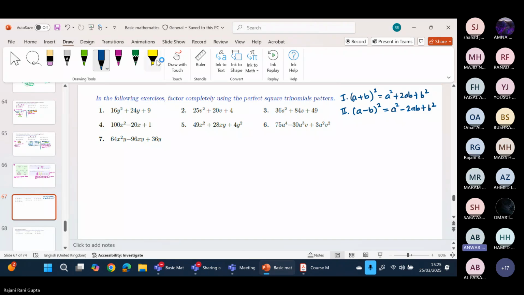Anyone? Rule number 1. Correct? In question number 1, yes, rule number 1. Question number 2. See, in all these 7 questions, either you will use rule number 1 or rule number 2.